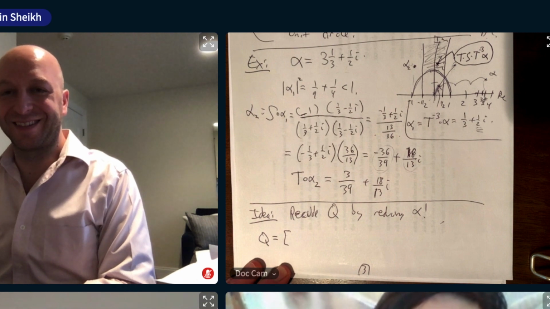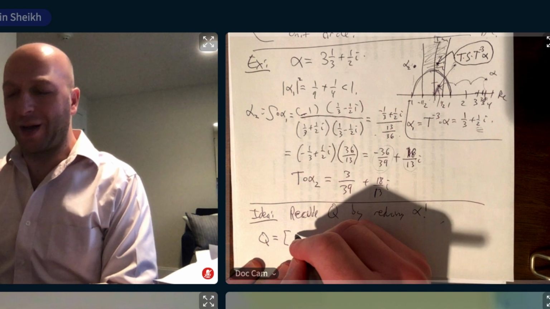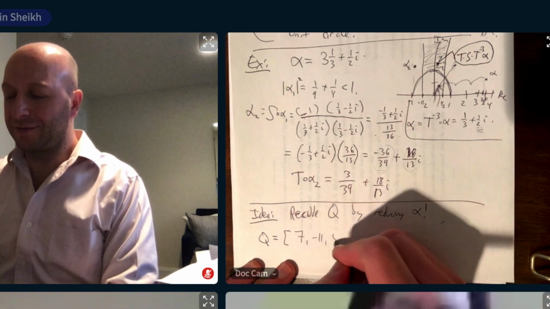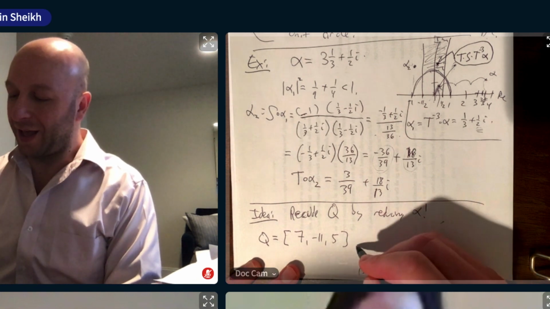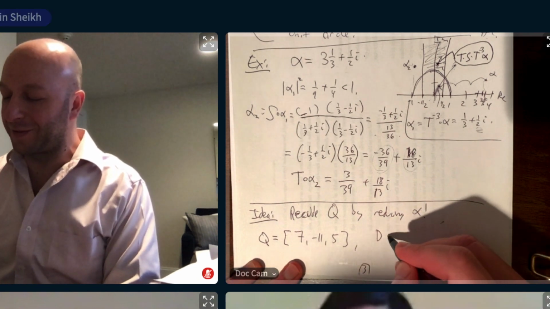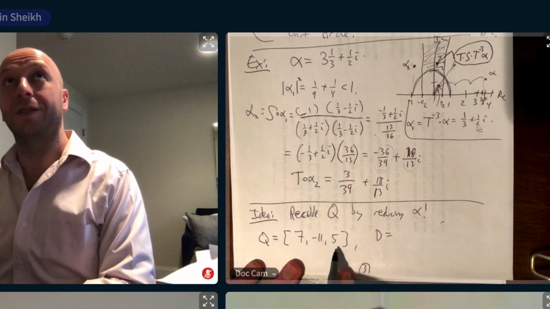Can we have the whole one minus 7? Sure. What was it? 7, minus 11, 5? Is that the one? Am I remembering that right? And its discriminant, let's make sure we're good. The discriminant is 121 minus, yes, it's negative.